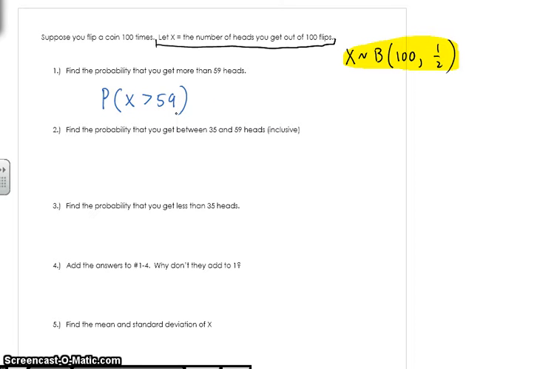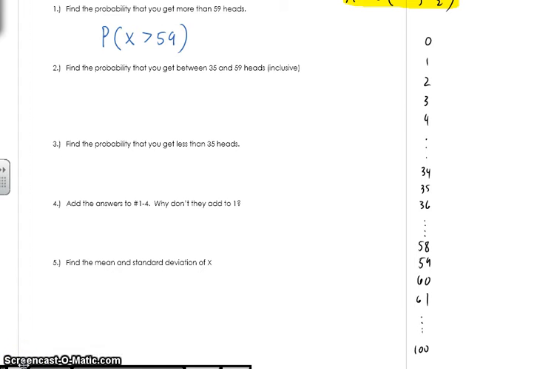Now, we know the calculator will not find greater than straight up. We know it'll only find less than or equal to. So if you look on the right here, I've written all the possible outcomes that we could get for the number of heads from 0 to 100. What we're trying to find is greater than 59.